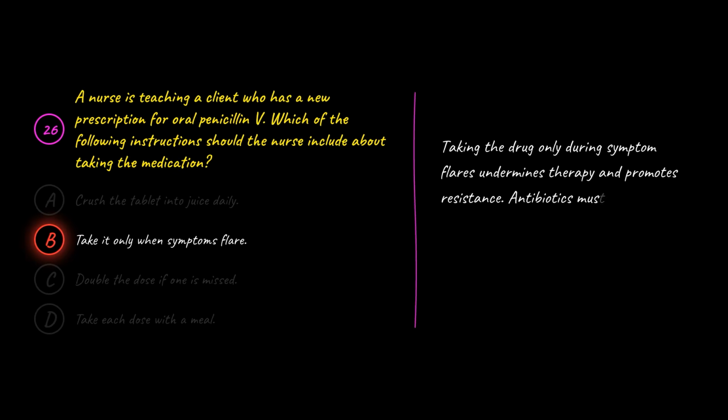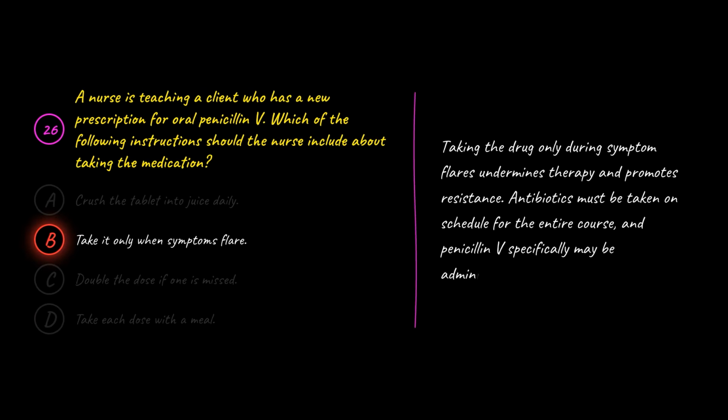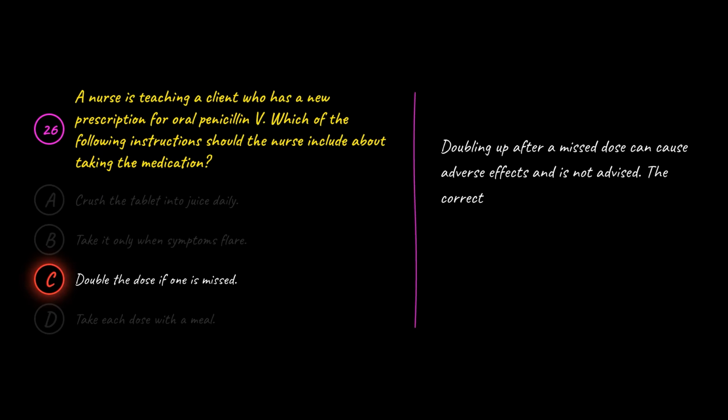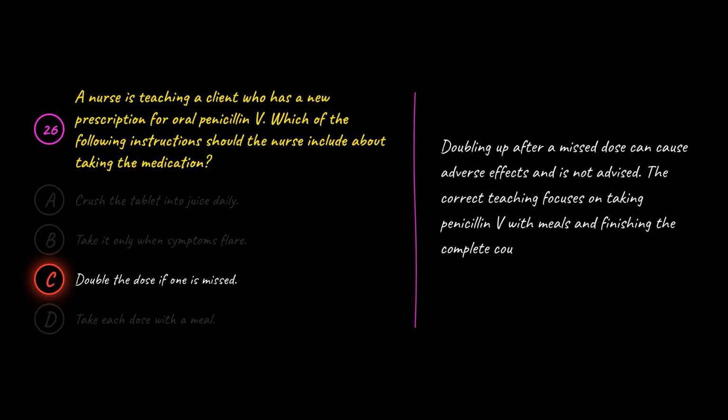Antibiotics must be taken on schedule for the entire course, and penicillin V specifically may be administered with food for comfort. C is wrong because doubling up after a missed dose can cause adverse effects and is not advised. The correct teaching focuses on taking penicillin V with meals and finishing the complete course rather than altering doses independently.